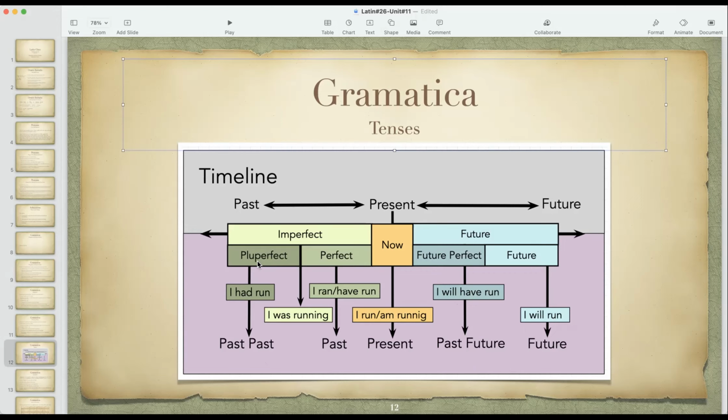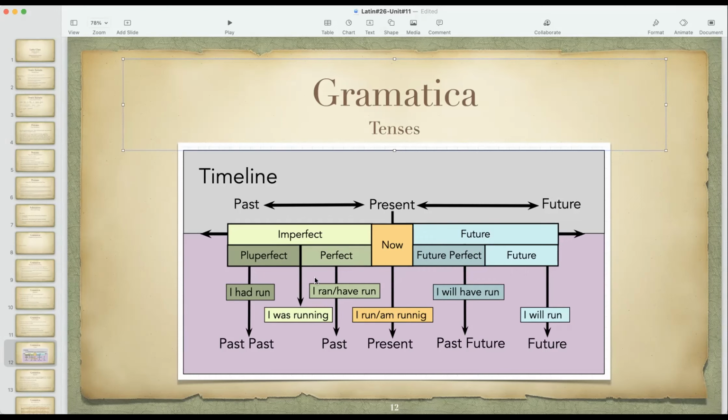So theoretically, you could call the future perfect the future and then call the future future. Yeah, okay, yes, you could. The only reason we tend to call it the past future is because the perfect in there is, okay, the word perfection means it is complete.